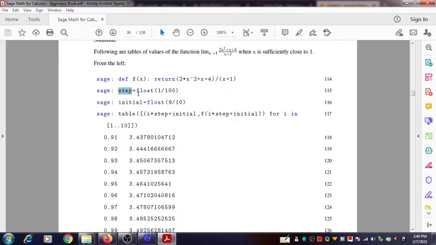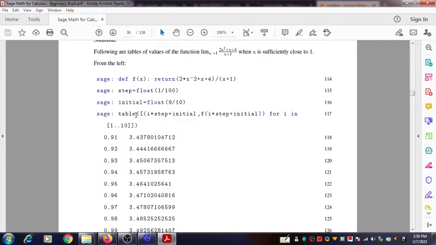So this step size will be decided using this command. The step is equal to, step is the variable, step equal to, then float is a keyword. Since it's a keyword, you can see it in a different color, in blue color. Float stands for the type of the number we are going to use after that.